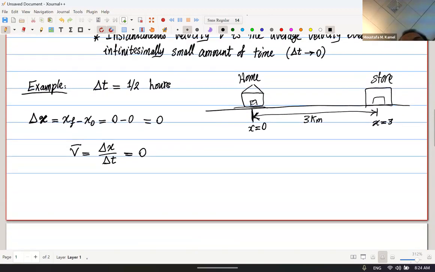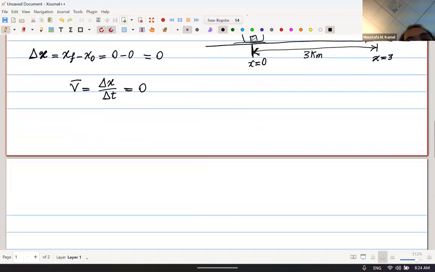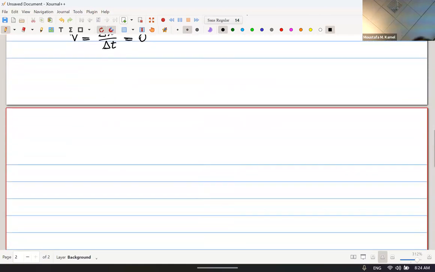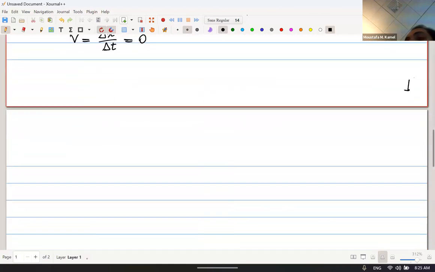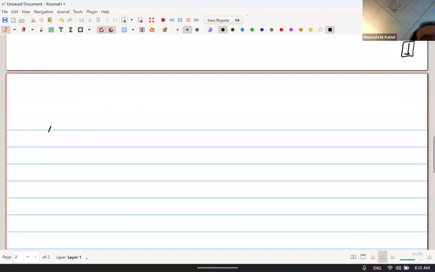So let's now define the speed. And in the same way we define displacement versus distance, we will define velocity versus speed. So speed is defined as the total distance traveled.